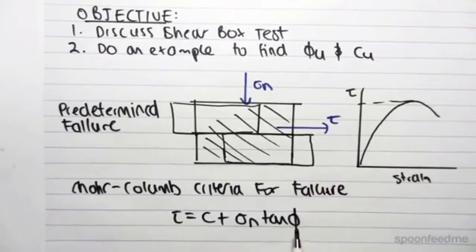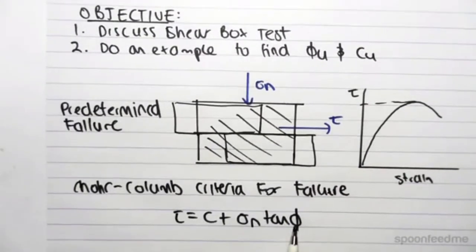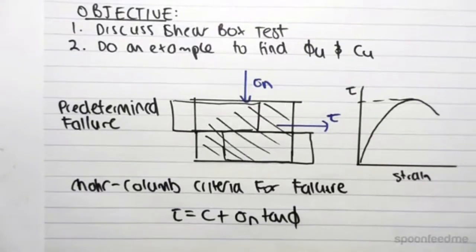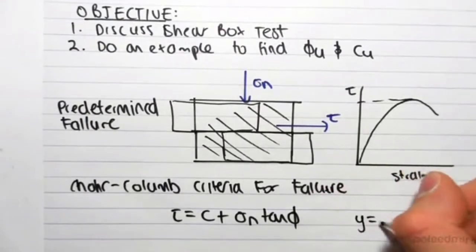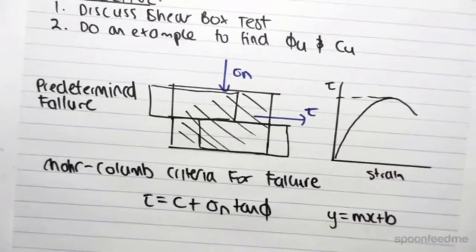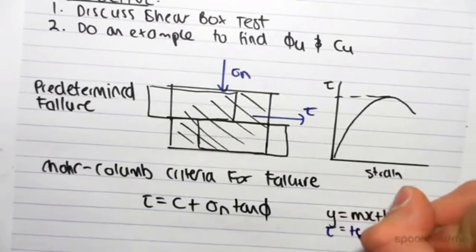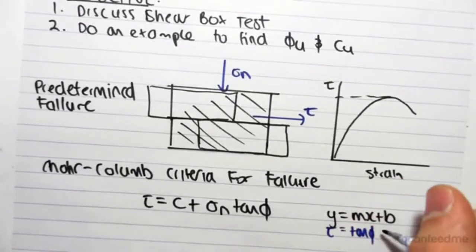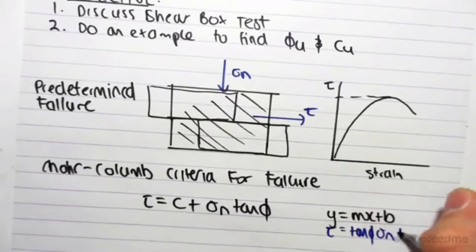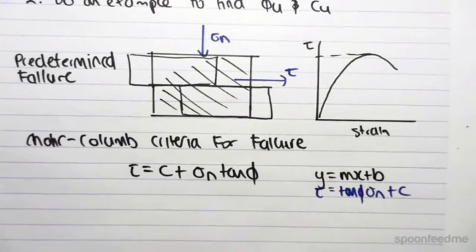So this equation relates the shear and normal stresses to the cohesion and the phi value, the frictional angle. You can think of this as y equals mx plus b. So y is the shear. We know that we can represent gradient by tan of the angle, which means that x is sigma n, and the cohesion is the y-intercept. So this is the same as y equals mx plus b, which is going to be very handy in a second.